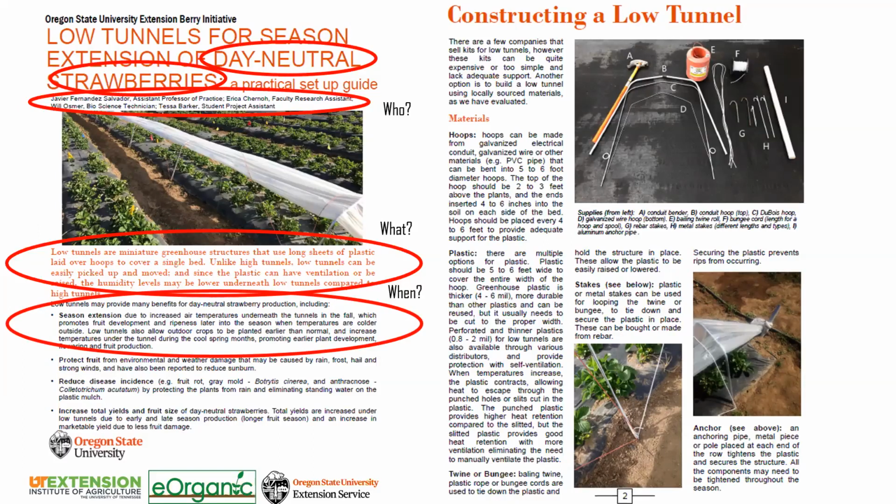Then when. This could be referred to in many different ways, but in the case of this publication, we are looking at season extension, right? When can these low tunnels be used? All of these different terms that I'm going to be talking about today refer to different parts, and they are all interconnected, as you will note as we go through these examples. But yeah, season extension.